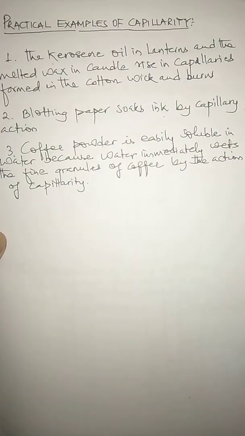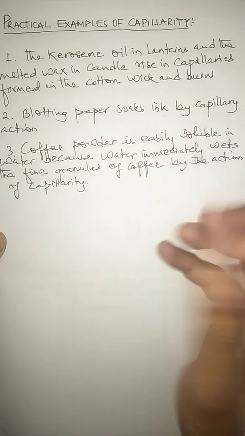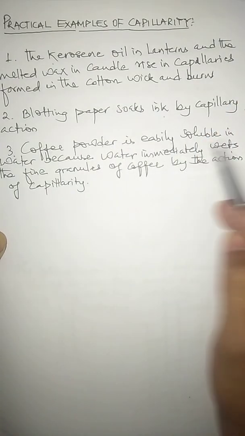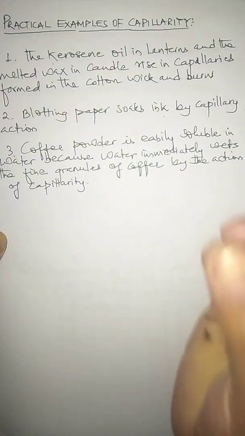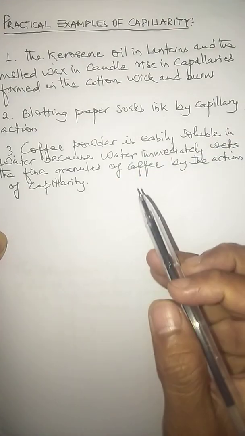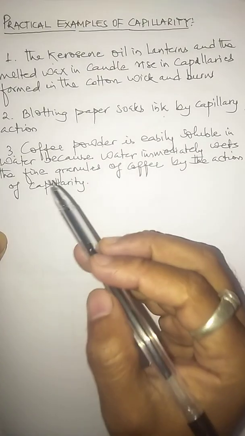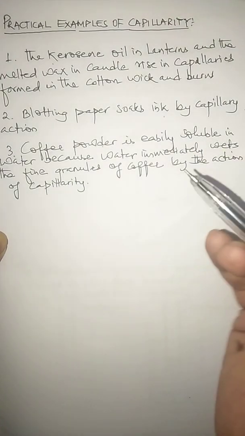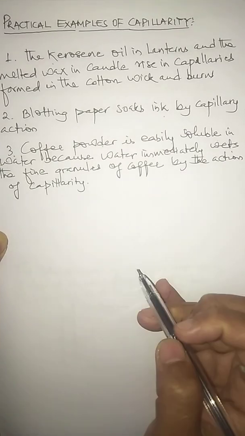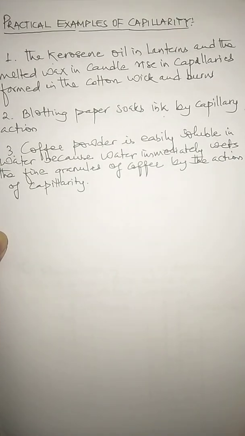Coffee powder is made of very fine, small granules, but water immediately wets the granules by the action of capillarities, and it makes them soluble in water. So this is also one of the examples of capillarities.